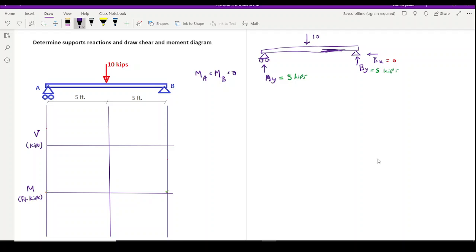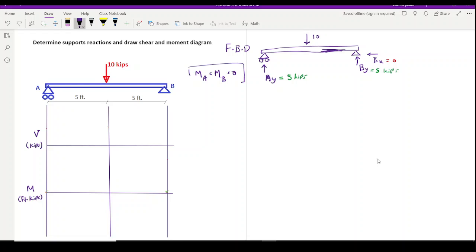Look, whatever I draw in here is the FBD, free body diagram, which is step 1 that you need to take. You need to draw the FBD first in order to find support reactions. But I'm trying to use these support reactions to draw my shear and moment diagram.